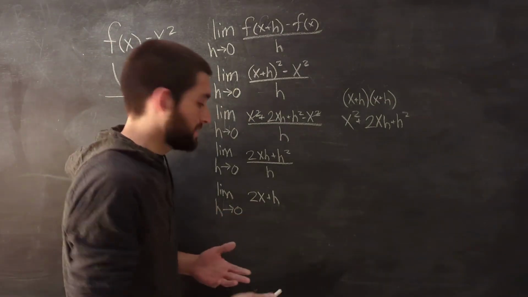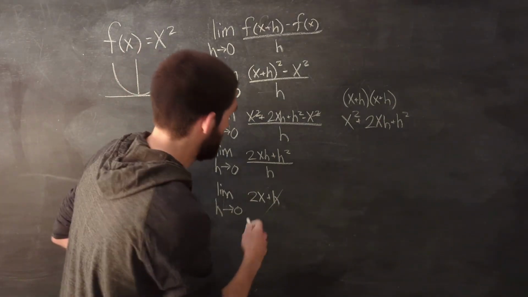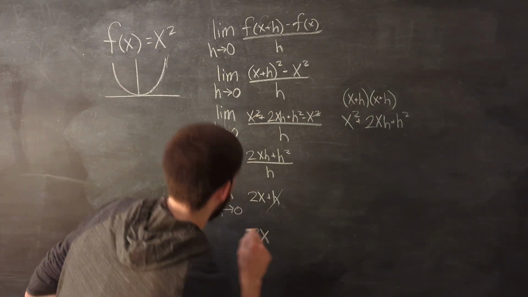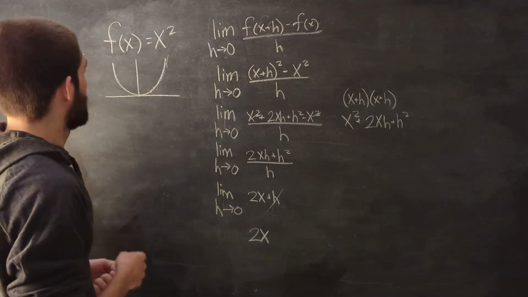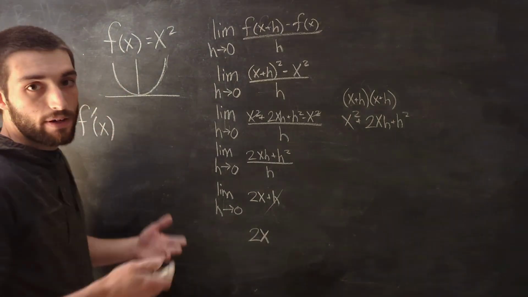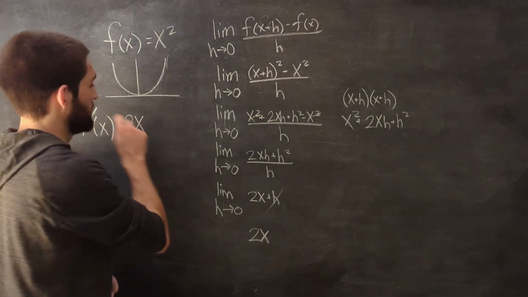And if you've done limits, you know that as h becomes 0, the limit ends up just being 2x. So f prime of x, which is the derivative of f of x, equals 2x. All right, so really quickly, let's compare the graphs.